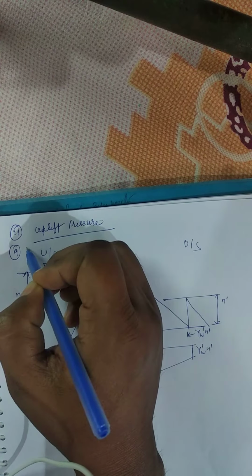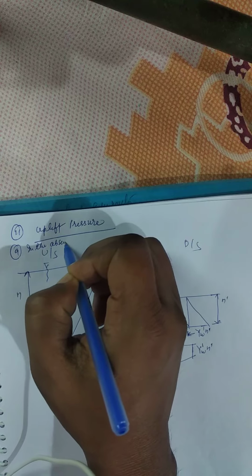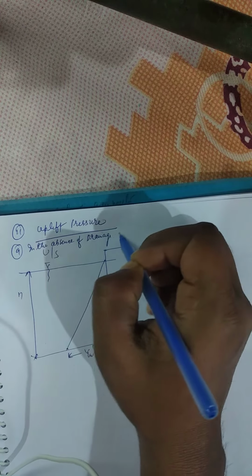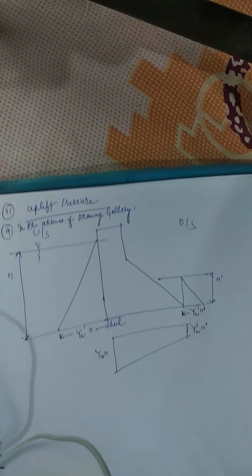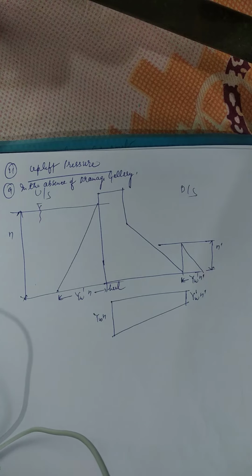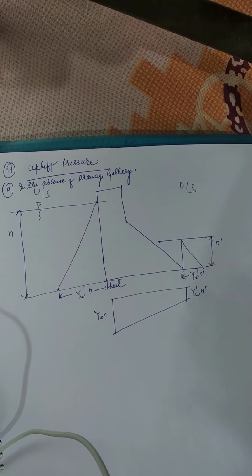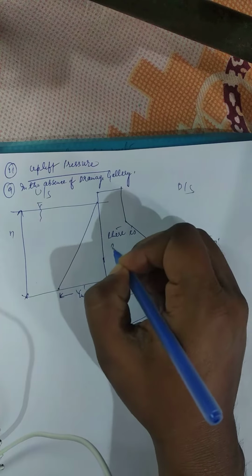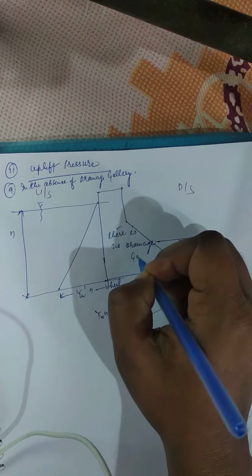So here, in the absence of a drainage gallery, there is no drainage gallery.